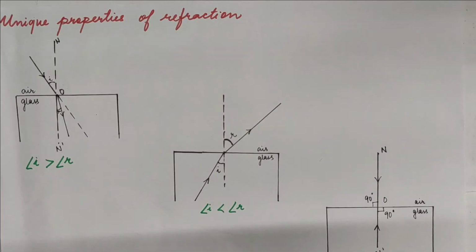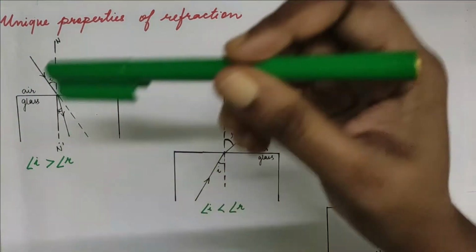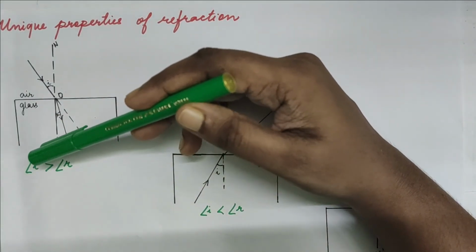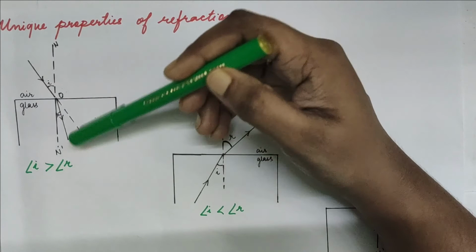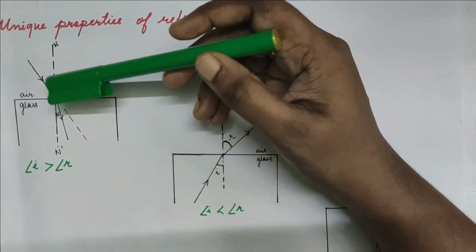Okay, children? Now there are some unique properties of refraction that you need to understand. As you can see, I have done 3 diagrams showing you the medium air and glass. In the first case, I have written that the angle of incidence is greater than the angle of refraction. As you can see, it is obviously more.